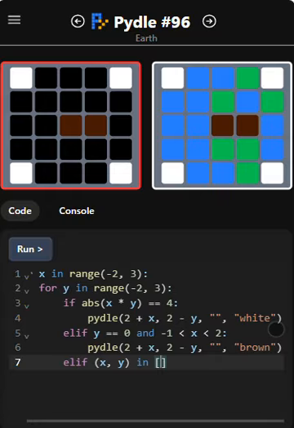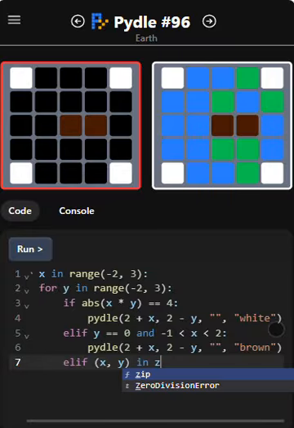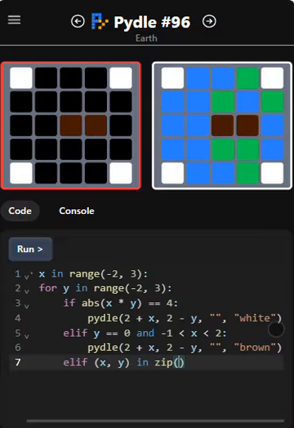Now, instead of creating a list of tuples with those coordinates, I'm going to use the zip function, which combines two lists into a list of tuples, so it matches the elements at each index and creates a list of tuples for us. So the x's would be 0, 0.